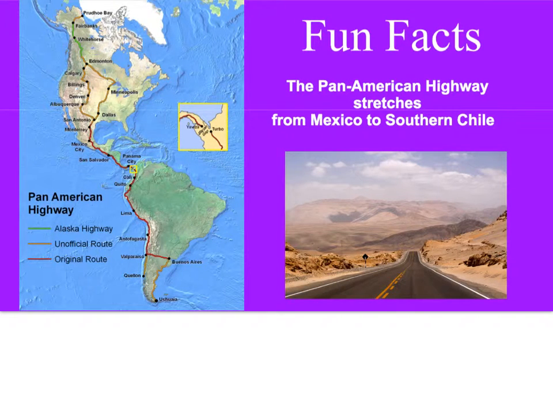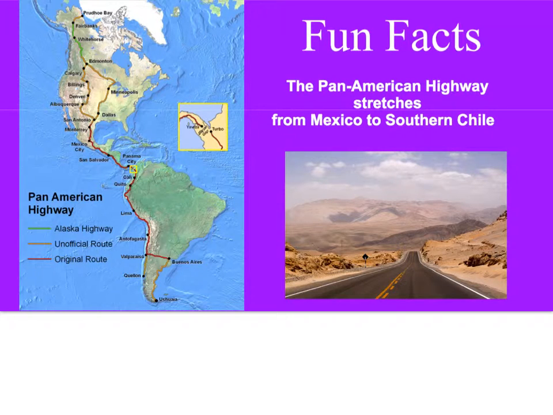Okay, so yesterday you had a term on your BOCA called the Pan American Highway, and a lot of you had some questions about that. You should have researched it to learn that the Pan American Highway is a road that stretches from southern Chile. It goes up the west coast of South America into Mexico, through Mexico.